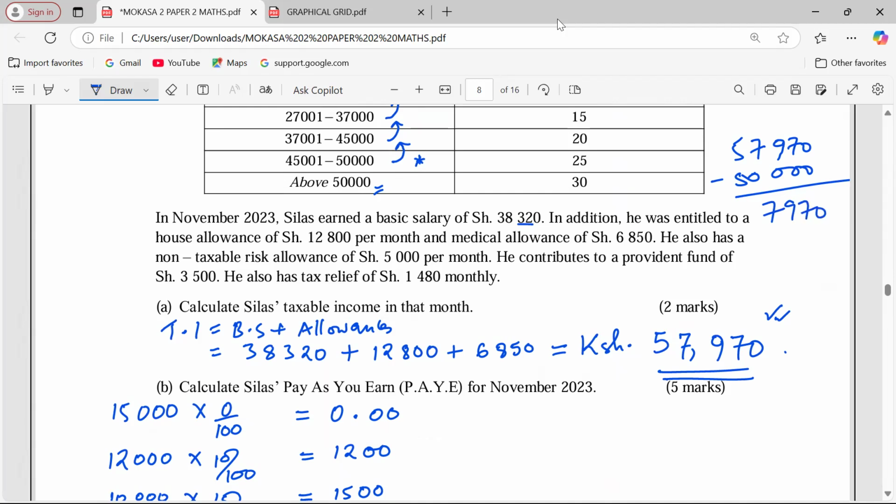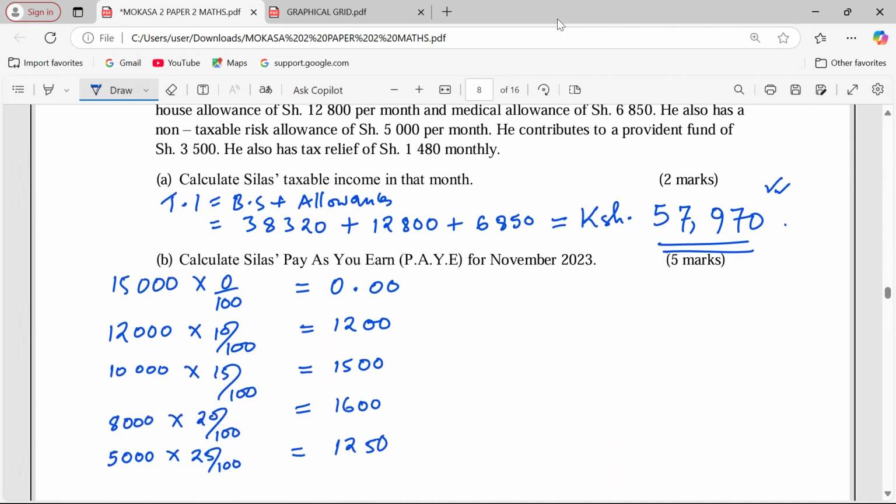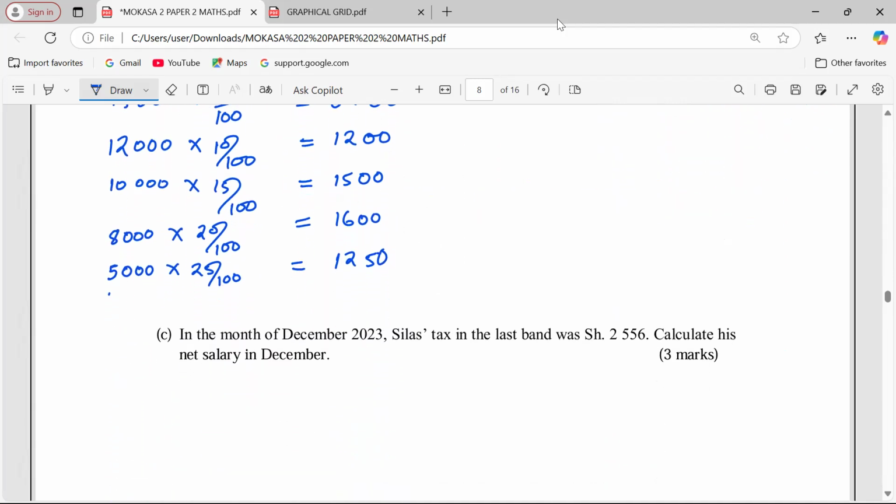So 9,970 is the amount which is yet to be taxed. So we are yet to tax 9,970 at the rate of 30%. This is giving us 2,991.